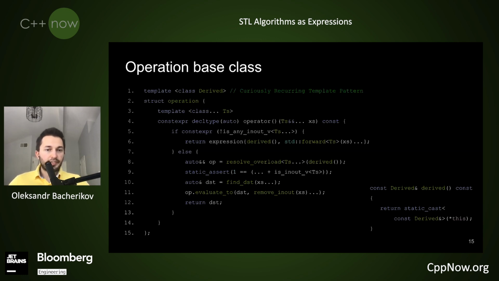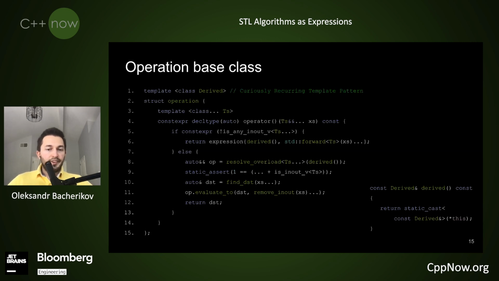by adding some functionality from the base class. In this case, this functionality is the function call operator on line 4, which again takes arbitrary arguments. And on line 5, the important condition starts. First, we check if there are no output, like no input-output arguments among them. Then we immediately create an expression and don't do anything.